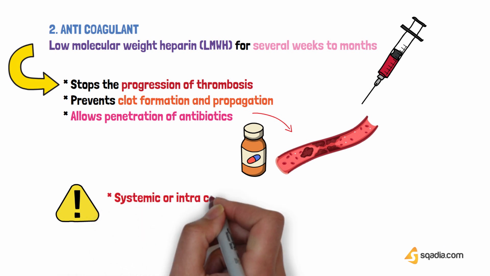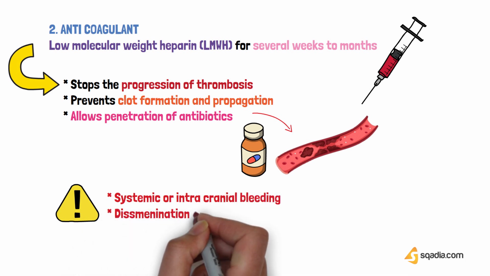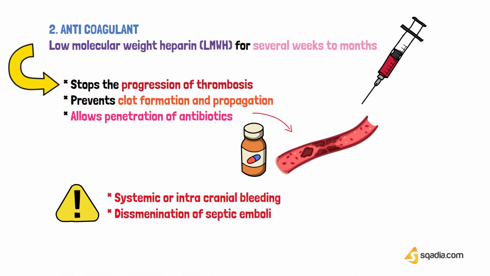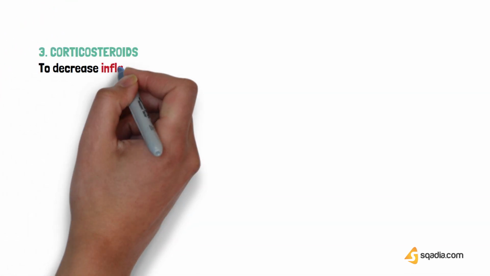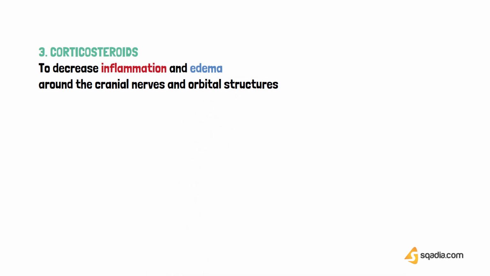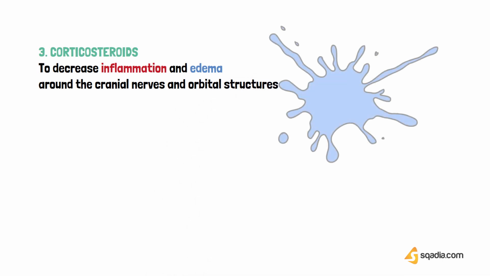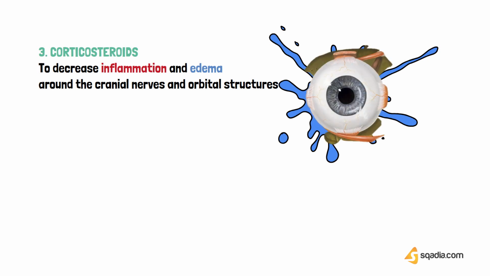Risks like systemic or intracranial bleeding, or the septic emboli may dislodge and disseminate into the circulatory system. The patient is also advised some corticosteroids to decrease the inflammation and edema around the cranial nerves and the orbital structures. This will help to reduce some of the clinical features that we discussed earlier.